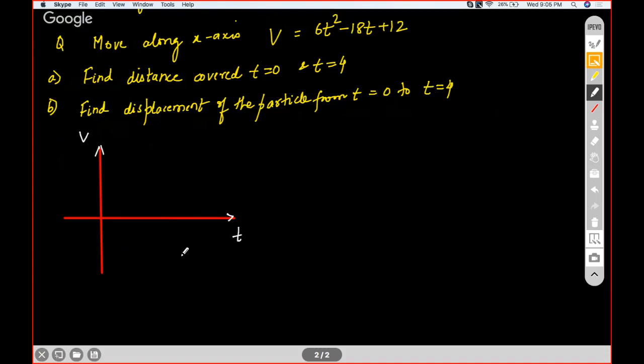Sir, I think displacement is 32 units. Displacement is 32. That's absolutely correct.